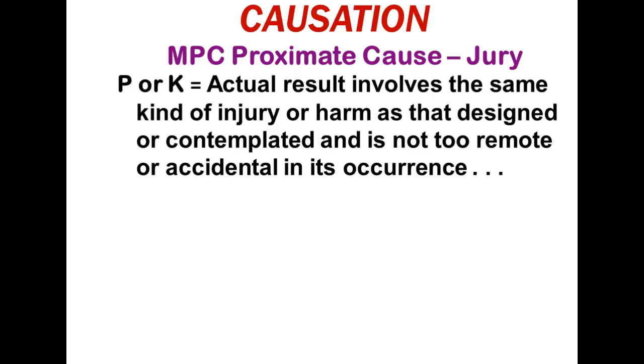So it's tying it to the purpose and knowledge. It's tying it to the culpability element. Was the harm purposely or knowingly designed or contemplated, and then was the final result not too remote or accidental?